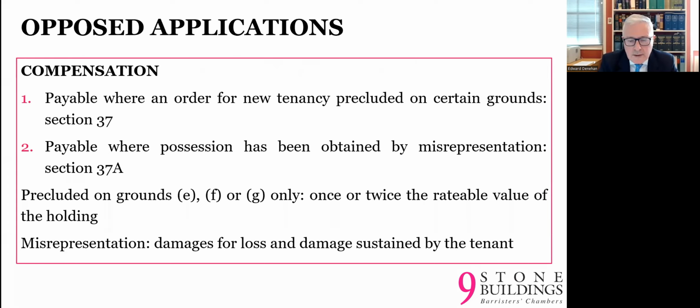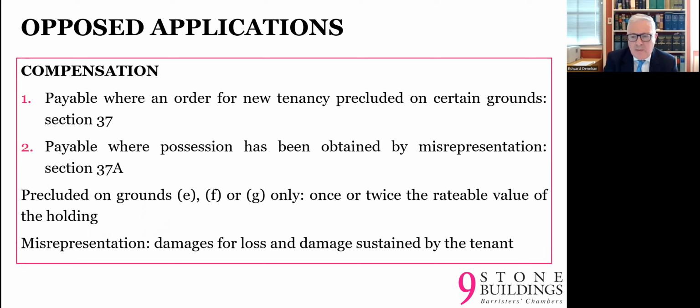If the tenant is refused a new tenancy on those grounds, it's entitled to compensation, and the compensation is a sum equal to once the rateable value of the holding or twice the rateable value of the holding.